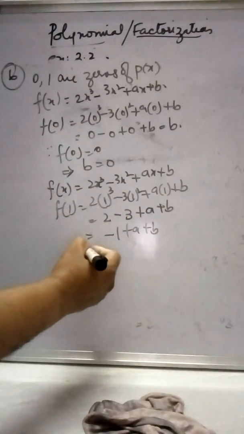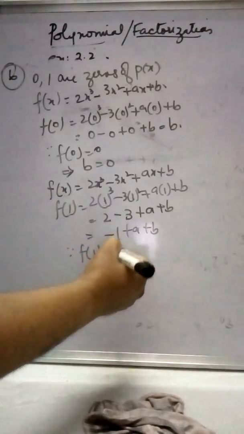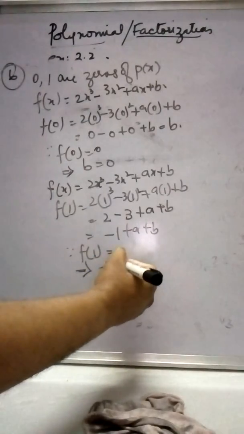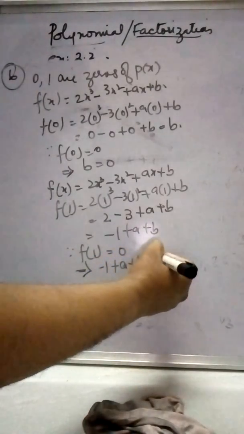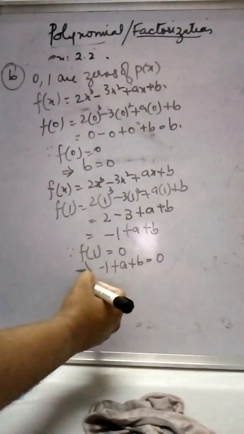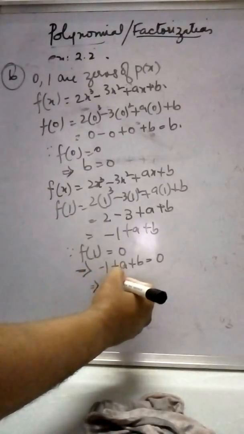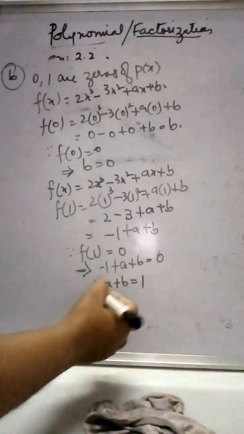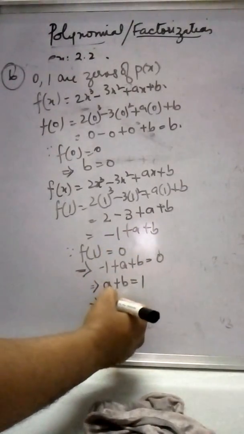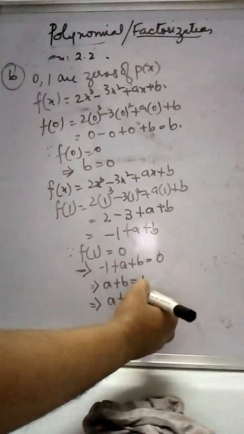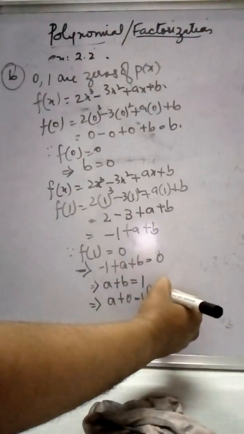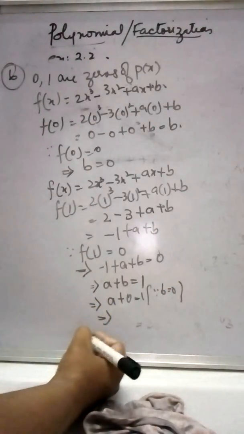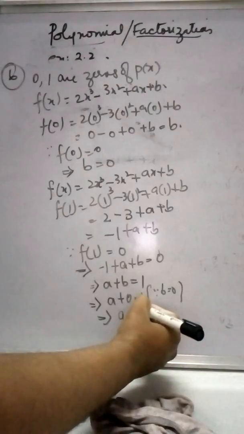Since f of 1 is equal to 0, that implies minus 1 plus a plus b is equal to 0. That implies a plus b is equal to 1, transposing minus 1, so it will be plus 1. That implies a plus 0 is equal to 1. Since b is equal to 0, that implies a is equal to 1.